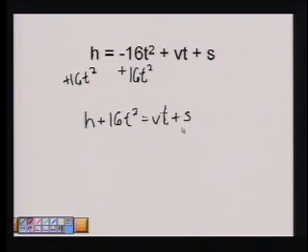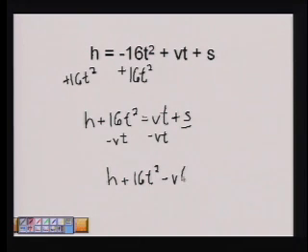And again, we're trying to find out what s is, and we can see that vt is added to s, so the inverse of adding would be subtracting. So we're going to subtract vt, and we end up with h plus 16t squared minus vt is equal to s.